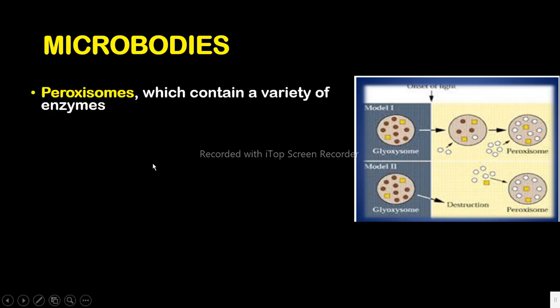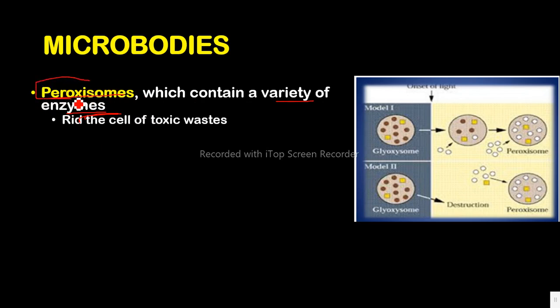So, like I said, we have these tiny sacs that also perform specific functions within a cell. And these sacs, these particles, are called microbodies. For example, you have peroxisomes. These also contain enzymes, but in this case, it is catalase enzymes.